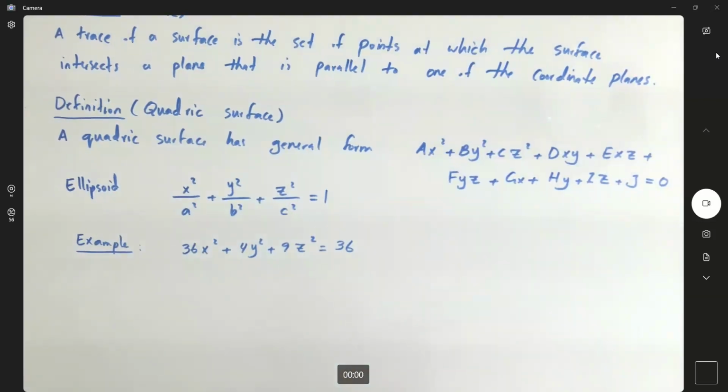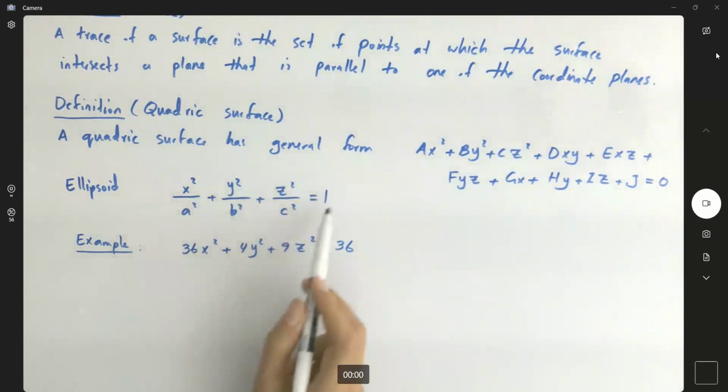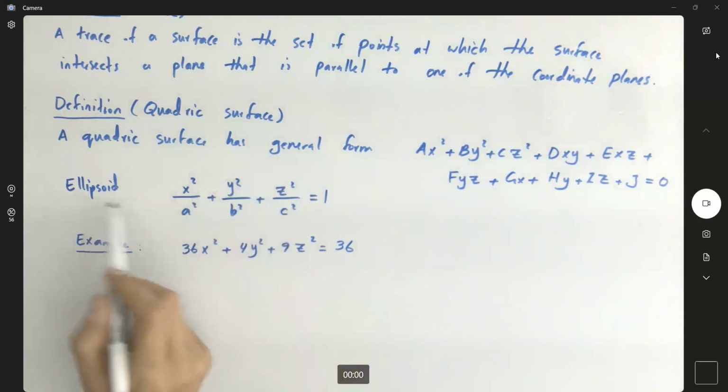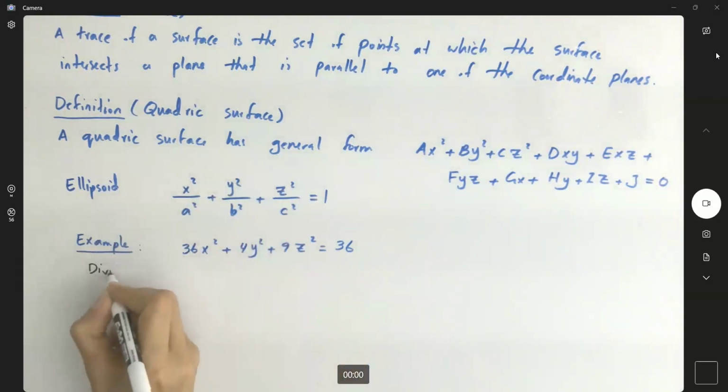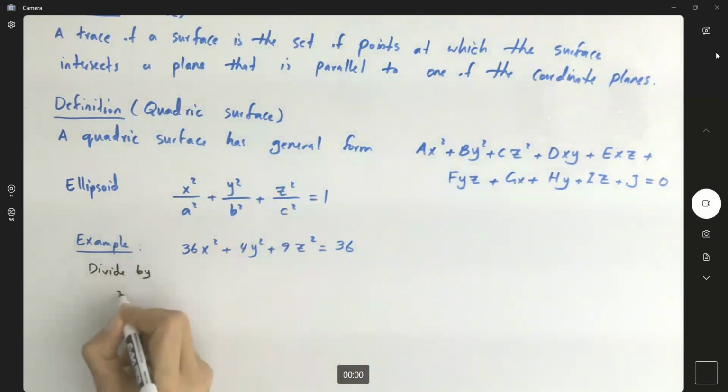Let us take a look at the following. If we divide all sides by 36, we can simplify this and get to an equation similar to the equation of an ellipsoid. So divide by 36.